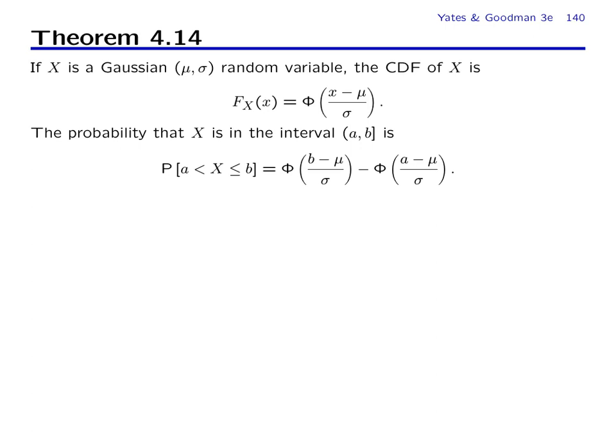Now that we have phi of z, we want to use the phi function in order to derive the CDF of an arbitrary Gaussian. This is what this next theorem 4.14 does. Given a Gaussian random variable x with parameters mu and sigma, it allows us to calculate the CDF of x in terms of the phi function.